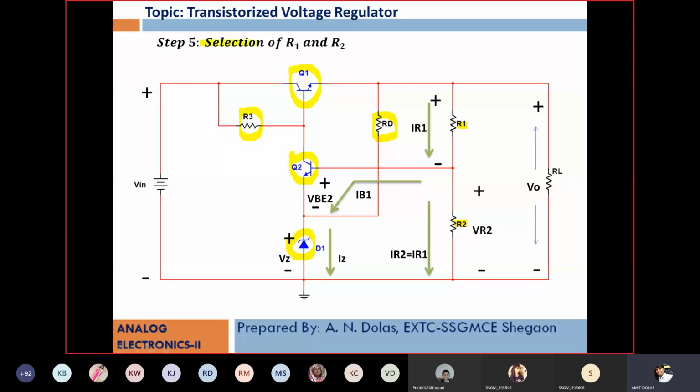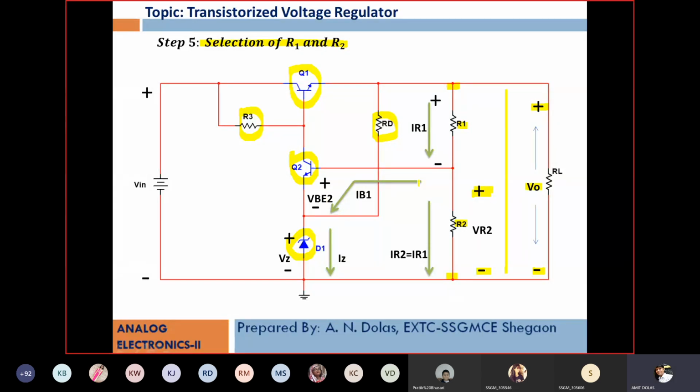For that, let's look at the circuit. It is very easy. R1 and R2 has certain voltage applied. You can see the output voltage is directly connected to R1 and R2 together here. Then out of which the voltage across R2, VR2, is connected across Zener.